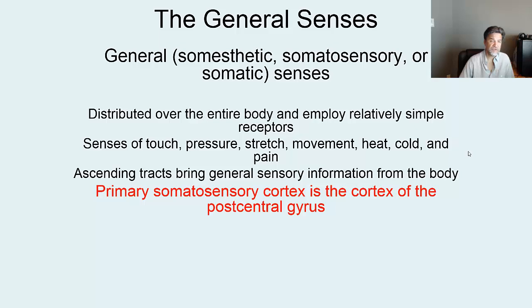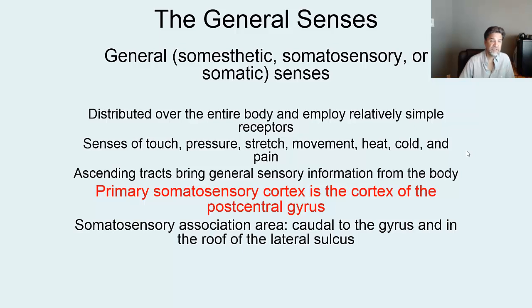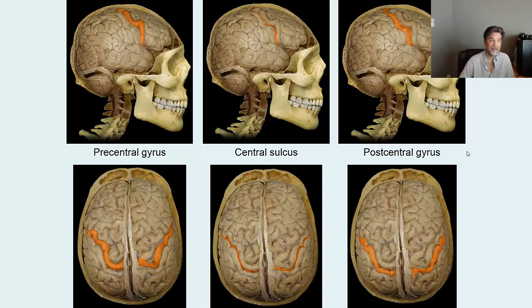This cortex is also known as the post-central gyrus. And as it turns out, we're going to see that this gyrus, from the most caudal position to the roof, is going to be able to be mapped out according to its position in the body.